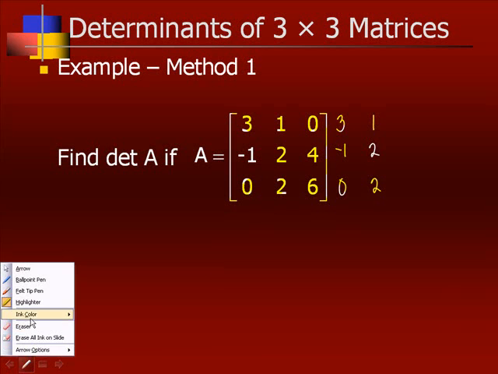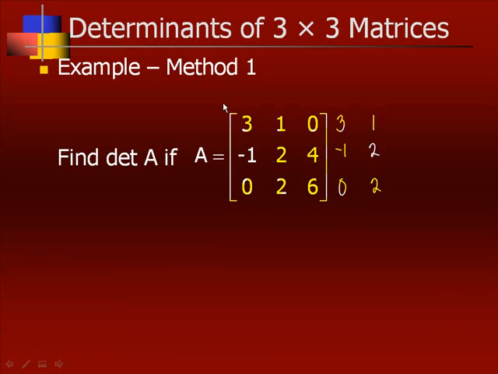I hope you could see that color. But anyway, you always start in this top left-hand corner. So you're going to go this way plus this way plus this way minus this way minus this way minus this way. Okay, are you ready?